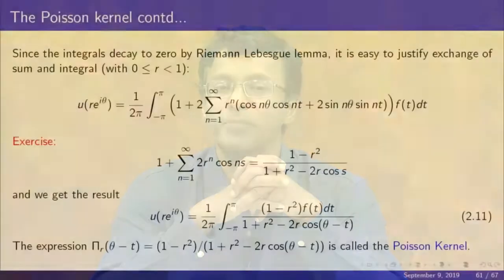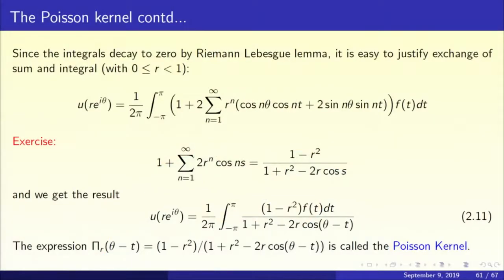There are features in common, but there is one crucial difference between the Dirichlet kernel and the Poisson kernel. Look at the expression again. r is between 0 and 1. So 1 minus r squared is positive. 1 plus r squared minus 2r cos(theta minus t), that is also positive. So the Poisson kernel, unlike the Dirichlet kernel, is a positive kernel.